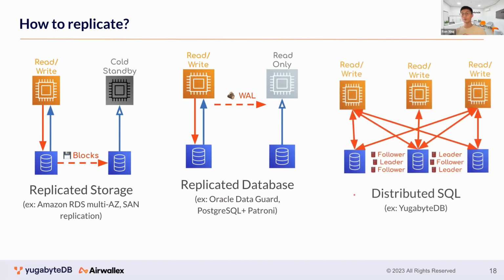But for a distributed database like YugabyteDB, it takes a completely different approach, because the data is sharded into multiple pieces and placed in different nodes in the cluster, right? For every chunk of data, there will be a leader and two or more followers, as you define.